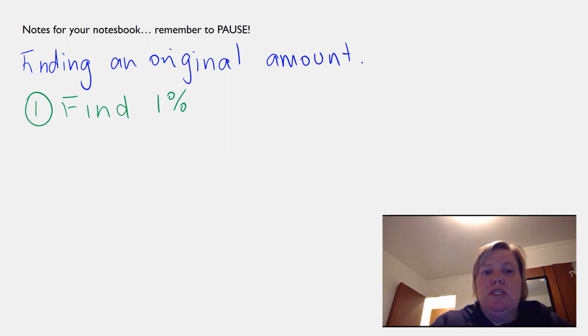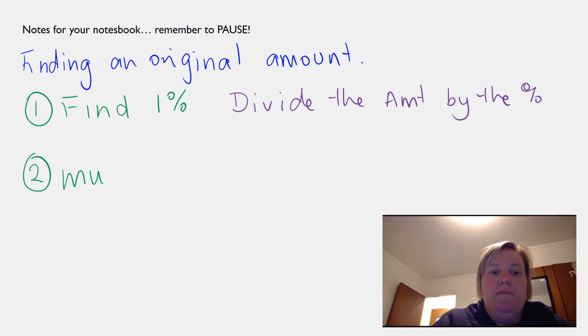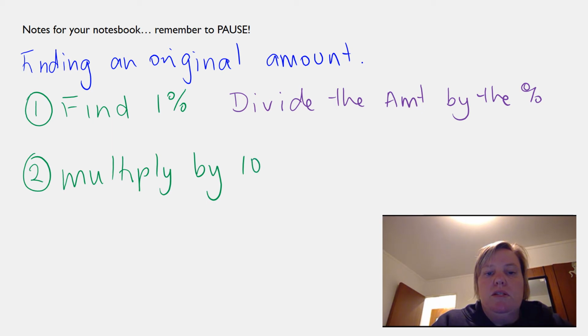And you do this by dividing the amount by the percentage. The second thing you do is multiply by 100, and then that will give you the amount that's 100%.